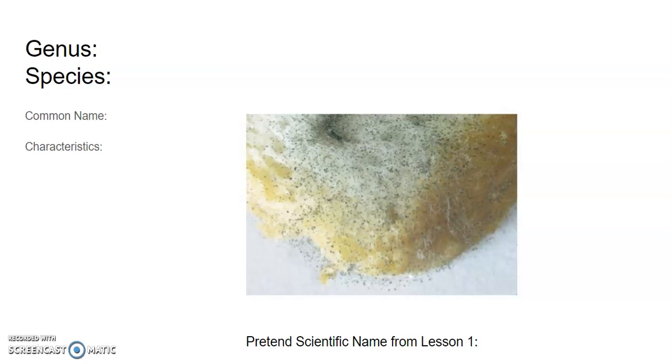This particular species is black bread mold. You see the little black specks on the piece of bread? Well, that is black bread mold. Its genus is Rhizopus, and its species is stolonifer, but we commonly call it bread mold. Some of its characteristics are that it is in the fungi kingdom, so it is a fungus.